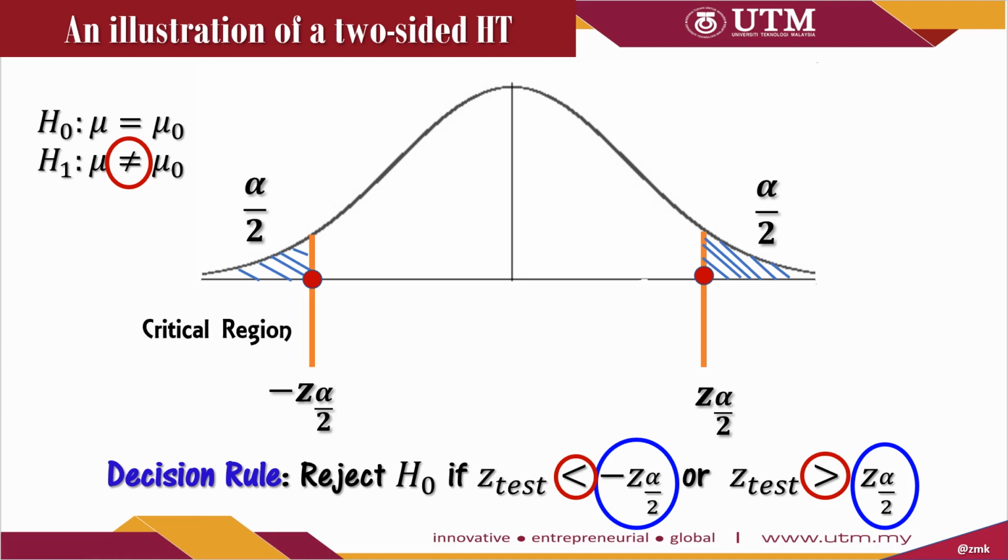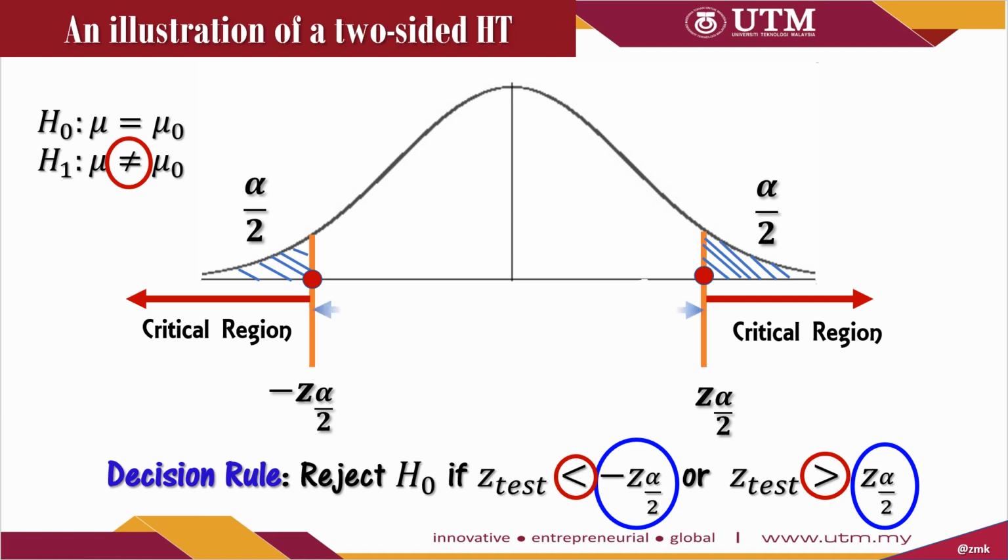The first critical region is the set of Z values below negative Z alpha over 2, whereas the second critical region is the set of Z values above Z alpha over 2.